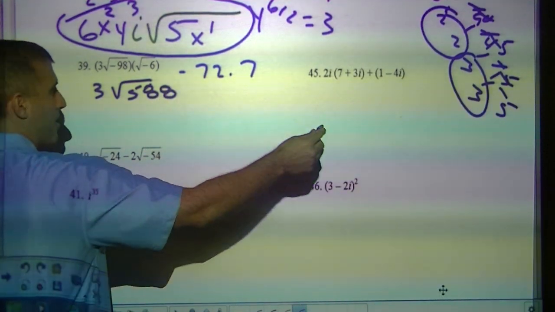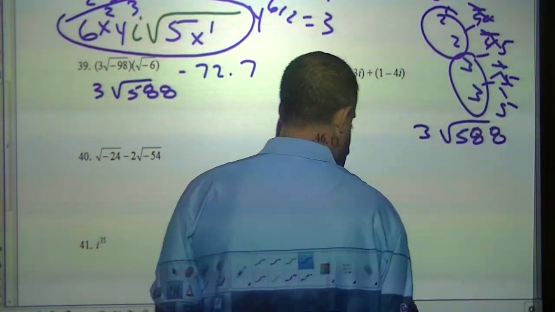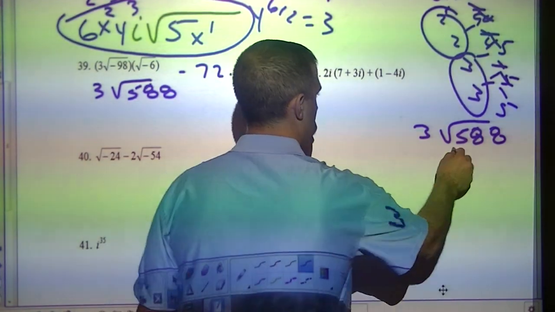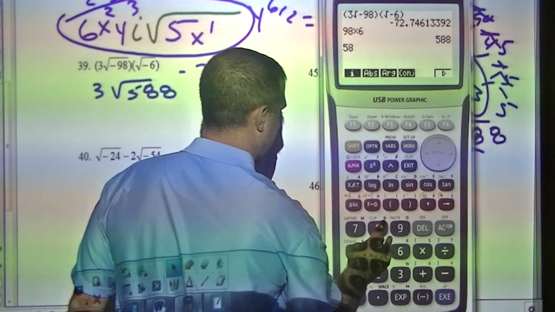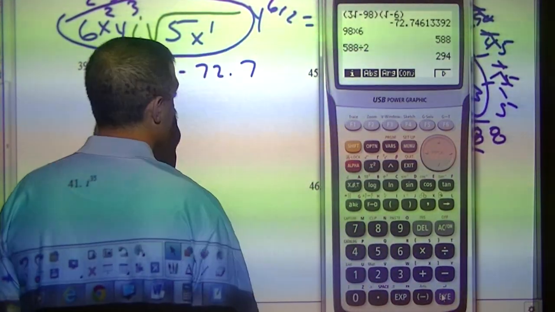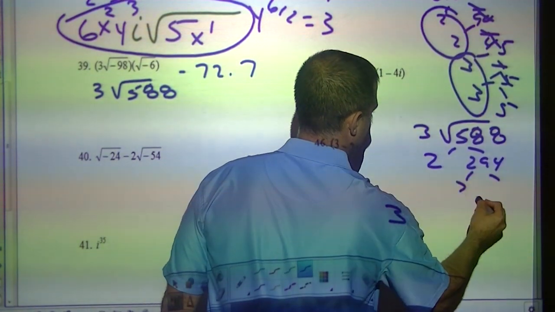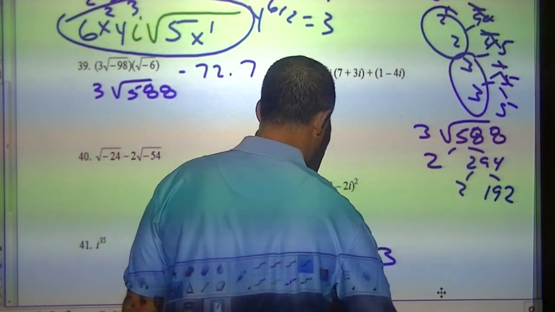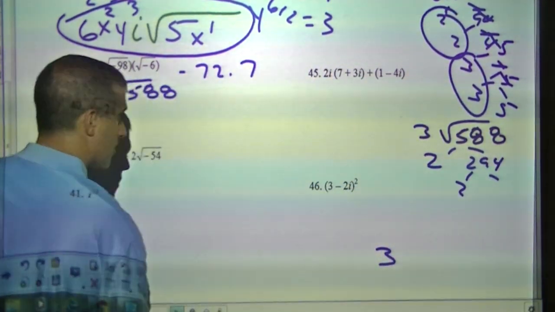Now I'm going to reduce that 3 square root of 588 over here. I know that I have to have 3 involved in there somewhere. That's going to be 2, and I've got to use the calculator, such a big number. 588 divided by 2 is 294.